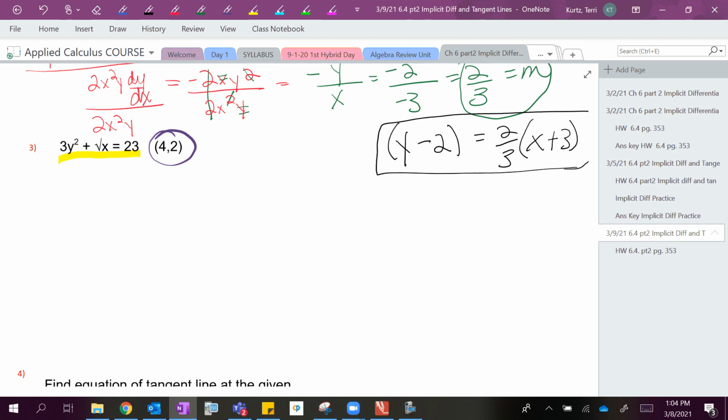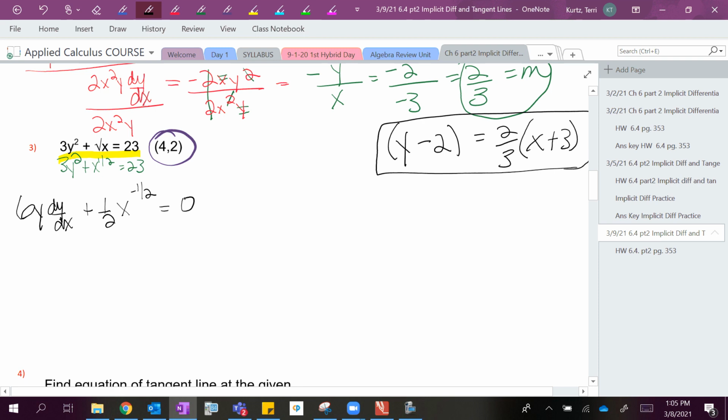Okay, so I'll show you what I mean right now. So take the derivative. Actually, first let's rewrite this: 3y squared plus x to the 1/2 equals 23. Okay, so now I take the derivative. I get 6y dy/dx plus 1/2 x to the negative 1/2, equals 0.